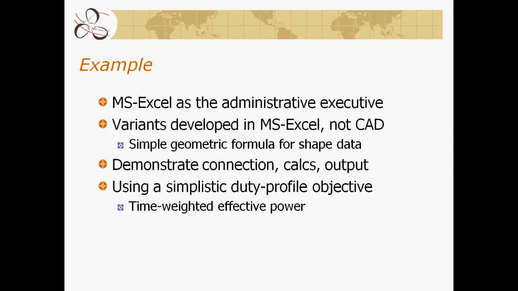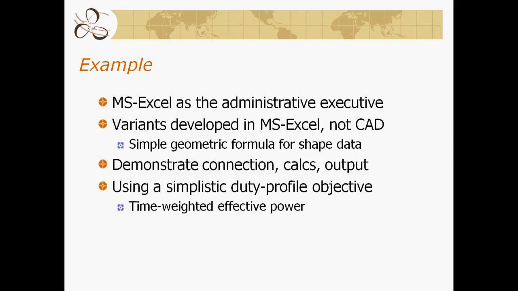The example that we're going to use here is to use Excel as the administrative executive program, and we're going to shell and interface with NavCad in its quiet mode. As I mentioned earlier, the bulb variants were developed directly in Excel, not in CAD, using simple geometric formula, but in a CAD program that supported macro or programming capabilities, it would be very easy to allow the CAD program to develop the geometric formula and shape data and shell that to NavCad.